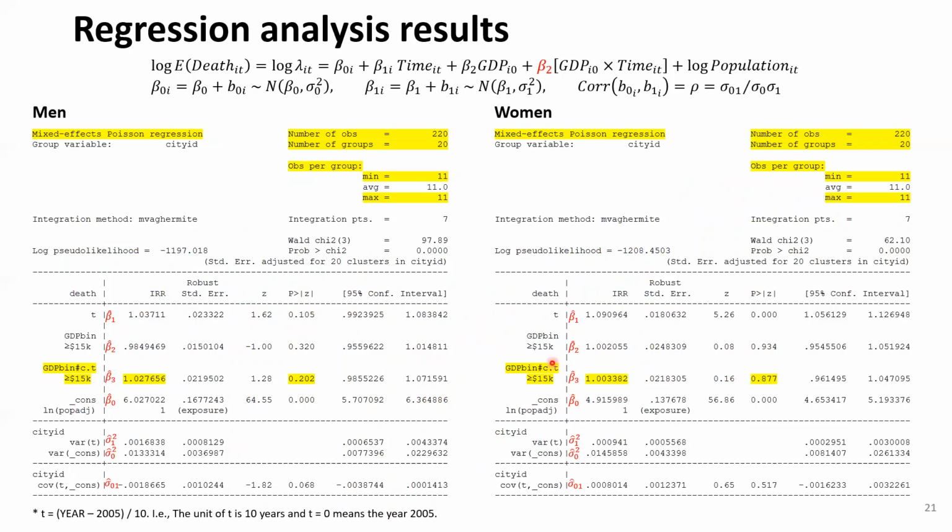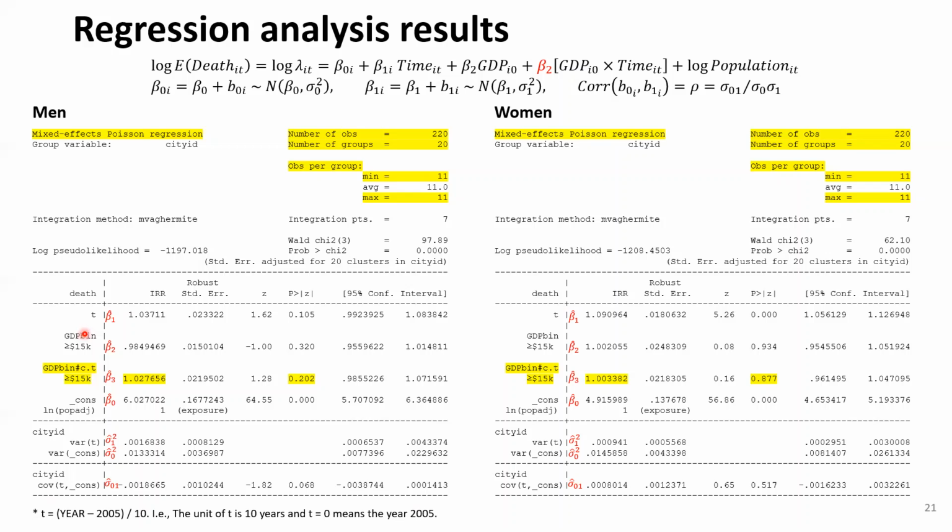And just for practice, let's interpret some of the coefficients. Let's look at the coefficient for t. By the way, t was calculated as year minus 2005, divided by 10. So the unit of t is 10 years, and t equals 0 means the year 2005.